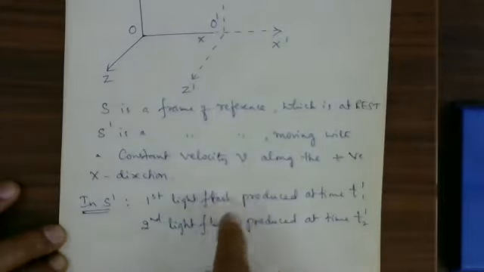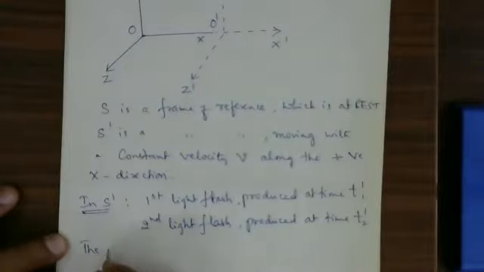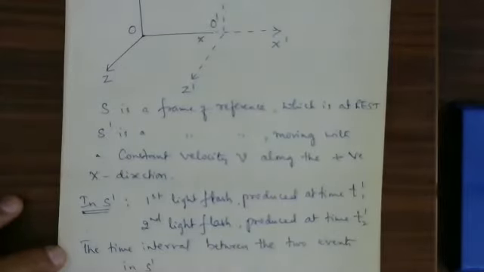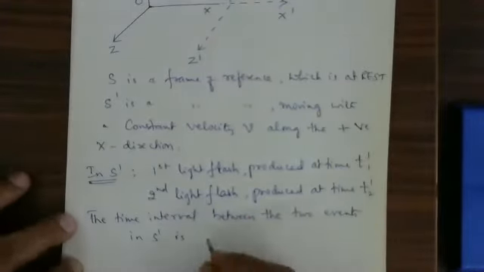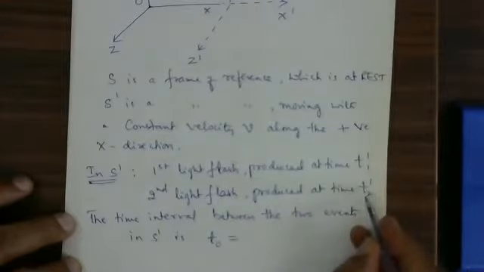The time interval between the 2 events in S dash is given by, I will write T0 is equal to T2 dash minus T1 dash.